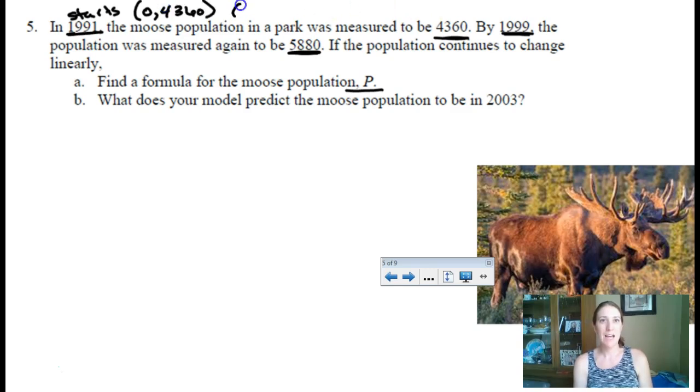And then by 99, so be careful, 91 to 99 is 8 years later. The population is 5,880. So using those two ordered pairs, I can find slope. The reason I chose to use 91 as my start time is because now I also have the y-intercept, and I can just use the slope and the y-intercept and throw it into the formula. So, yay. Let's talk about our slope.